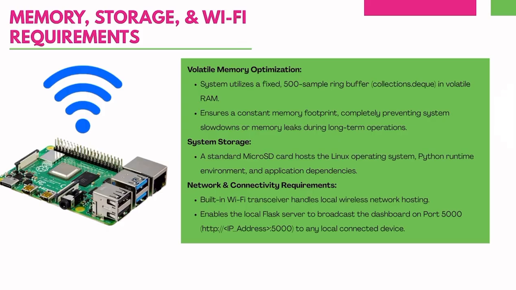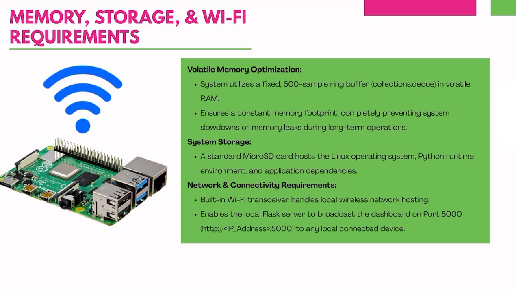Memory, storage, and Wi-Fi requirements. Volatile memory optimization. The system utilizes a fixed 500-sample floating buffer collection in volatile RAM. This ensures a constant memory footprint, completely preventing system slowdowns or memory leaks during long-term operation. System storage.